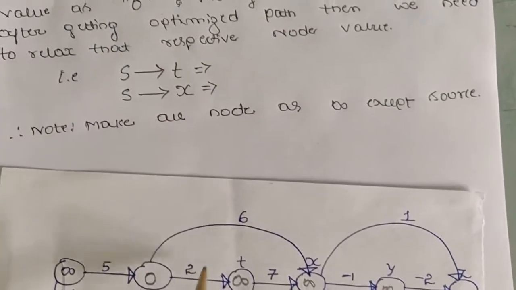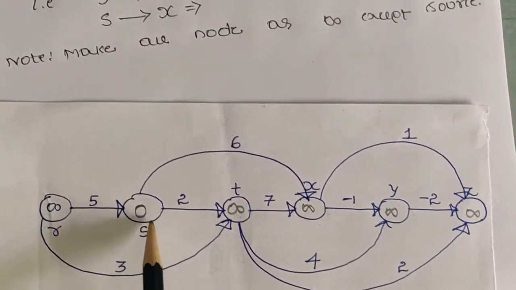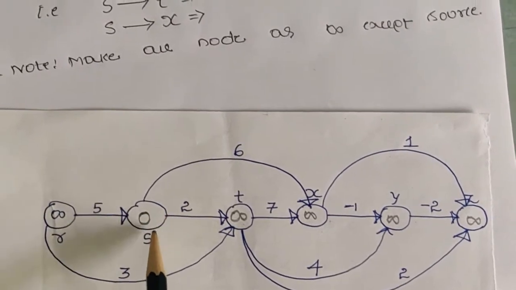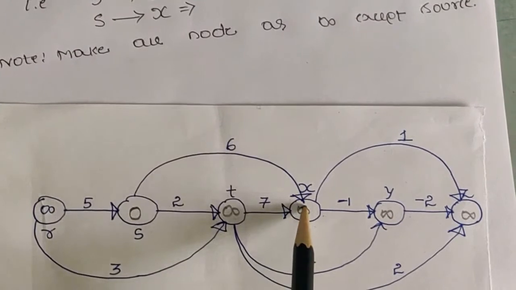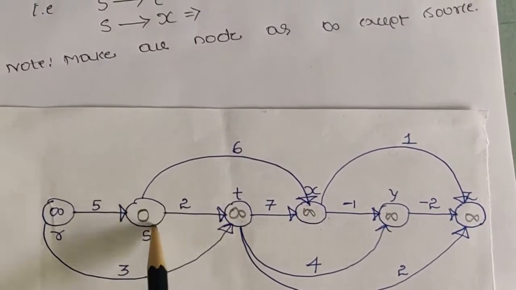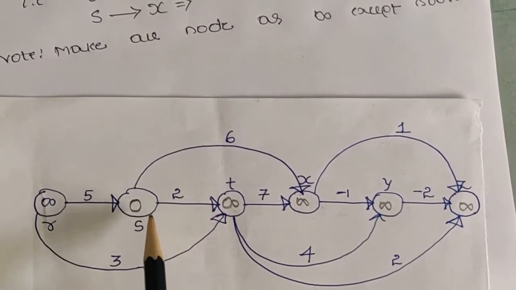Now we are starting from the source node. We have to find whether there are any outgoing arrows from the source node. So here you can find from the source node, yes, we have two outgoing arrows, that is from S to X, as well as from S to T. These are the only two possible outgoing arrows from the source node.